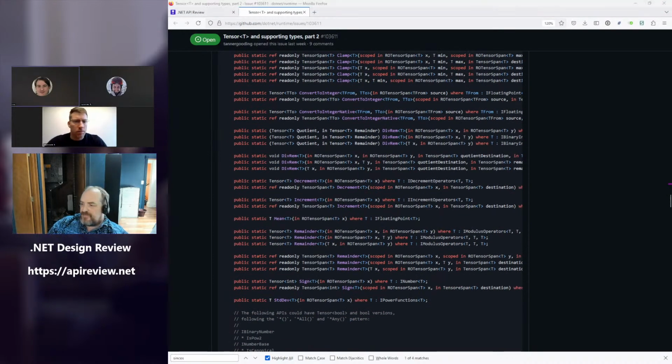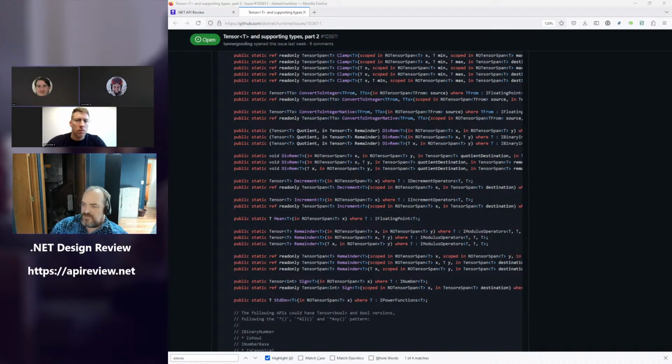Yeah. We then have decrement and increment. Now, the decrement and increment are the only two here that I would say that if we really wanted to, we could just exclude them because the functionality is already there via add, and you can just pass in the 1 as a scalar.